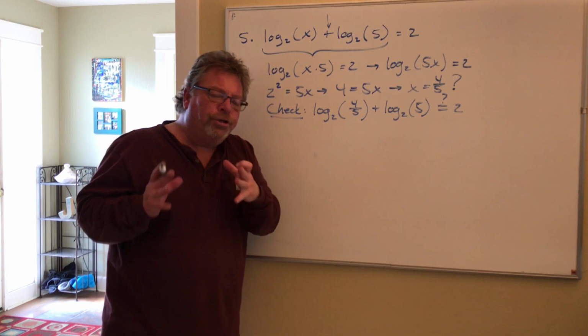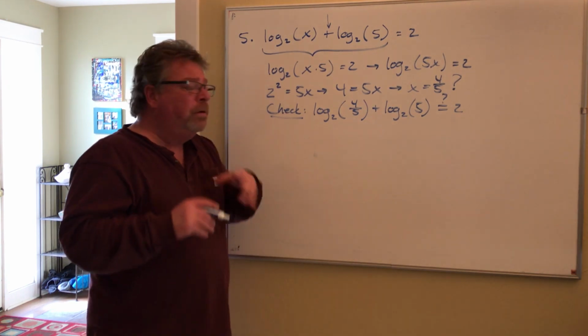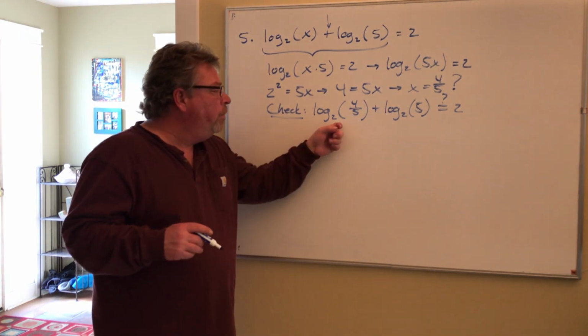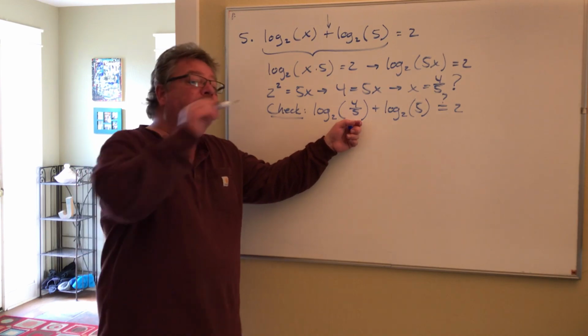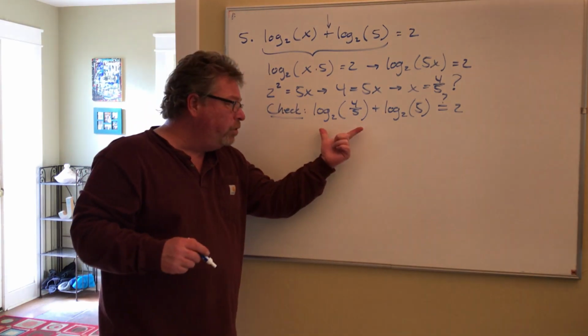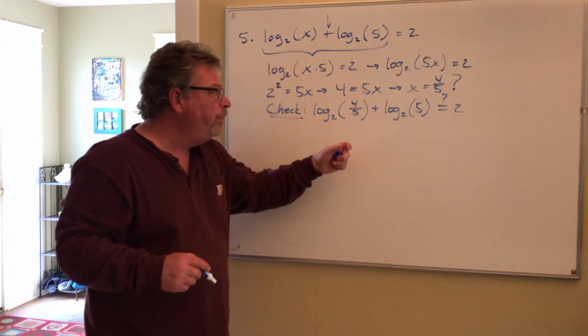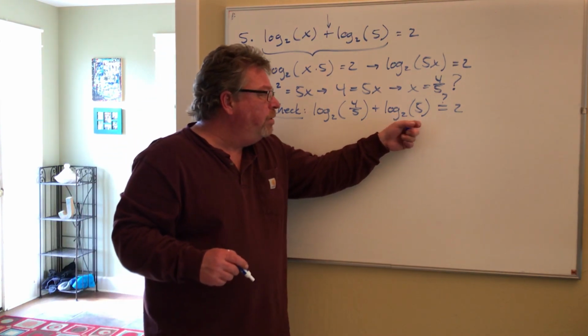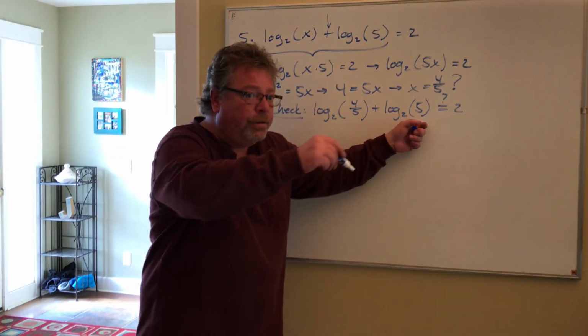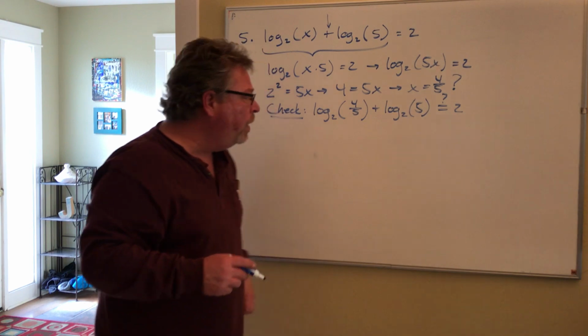So start by making sure that the logarithms are legitimate. Log base 2 of 4/5, 4/5 is greater than 0, everything's cool here. That will be some number. Logarithm base 2 of 5, 5 is greater than 0, this is legitimate, this will be some number.